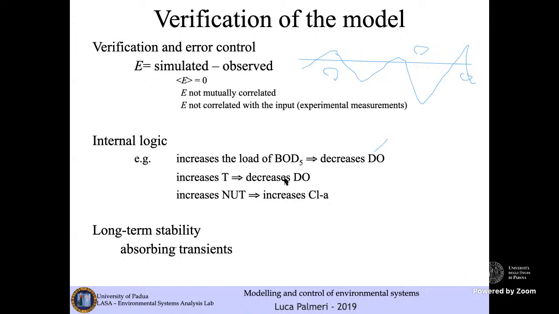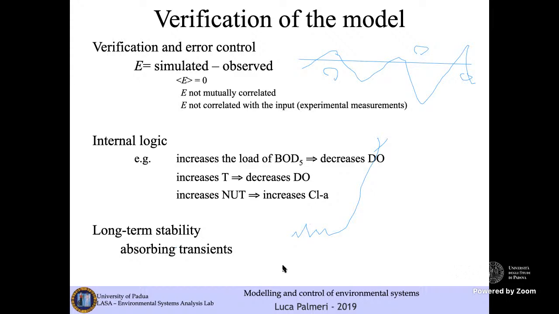And then the last point you should check is the internal stability of the model, the long-term stability. I shall check that I do not observe behaviors in which, for example, there is an oscillation of values and then a running away of the state variable, an explosive deviation of the value of the state variable.